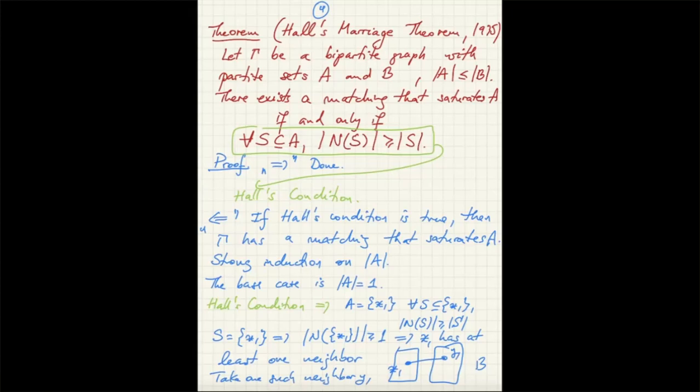And then the edge X1, Y1 is a matching of cardinality 1 that saturates the left-hand side, because there are no other vertices other than X1 to be saturated there. So the edge X1, Y1 is a matching that saturates A, so we're done. The base case is pretty much trivial.